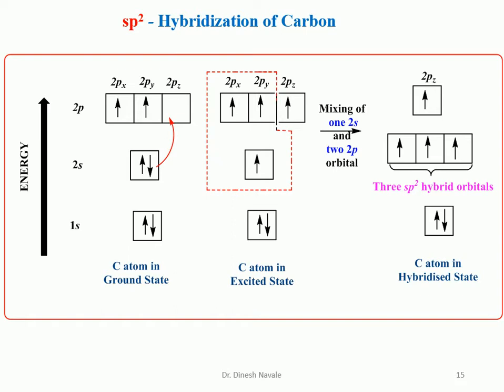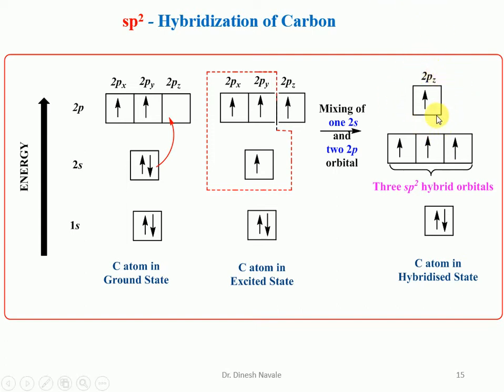As it is sp2 hybridization, we require only one 2s orbital and two 2p orbitals. So the 2s, 2px and 2py orbitals will be mixed, as shown in the red bracket. These 3 orbitals mix to give 3 sp2 hybridized orbitals, but one of the 2pz orbitals remains unhybridized.